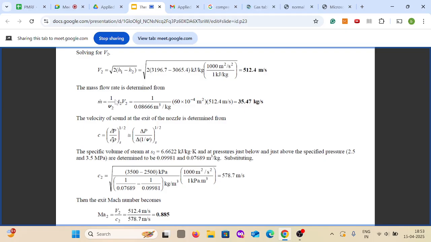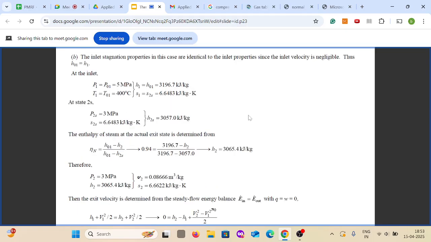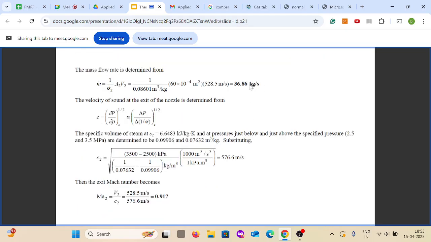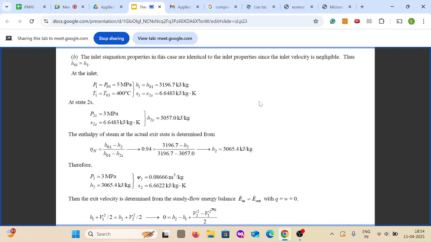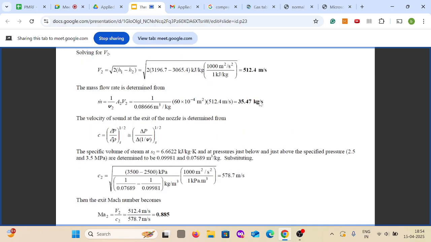The mass flow rate comes out to be 35.47 kg per second. Previously we got 36.86 kg per second. So with the efficiency dropped by 6%, the mass flow rate has reduced to 35.47 kg per second, close to 1.4 kg per second reduction.